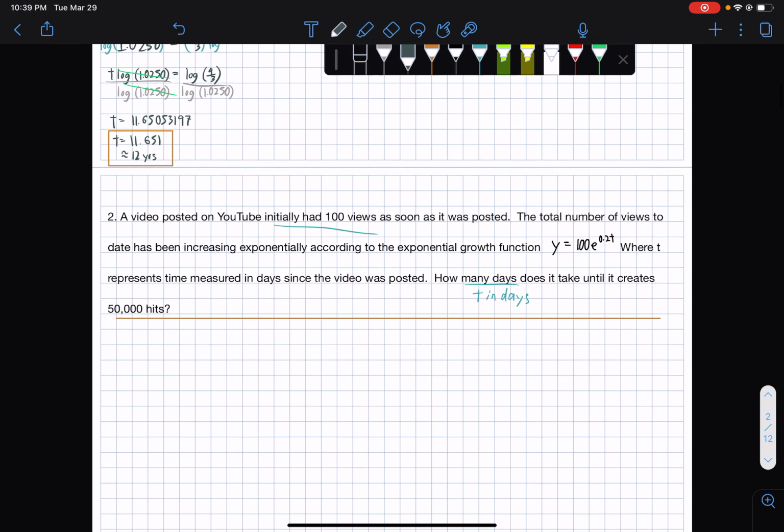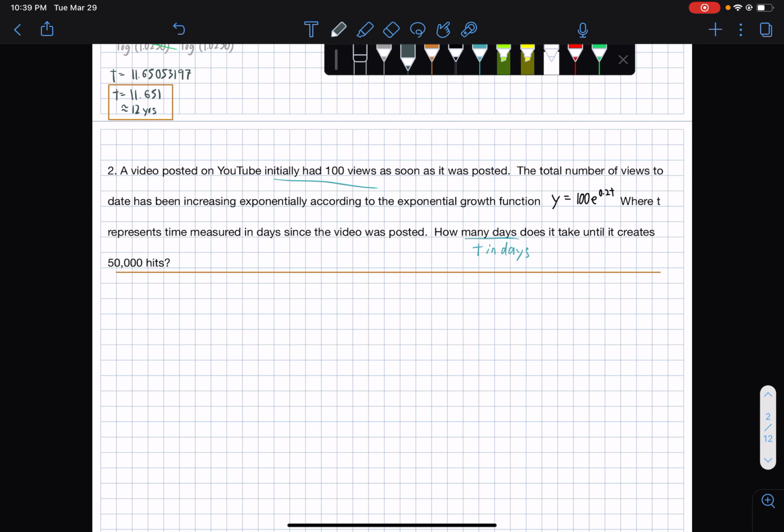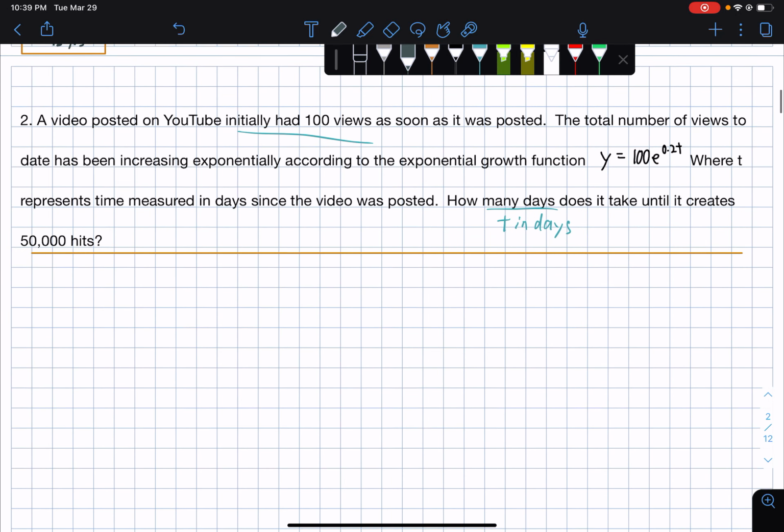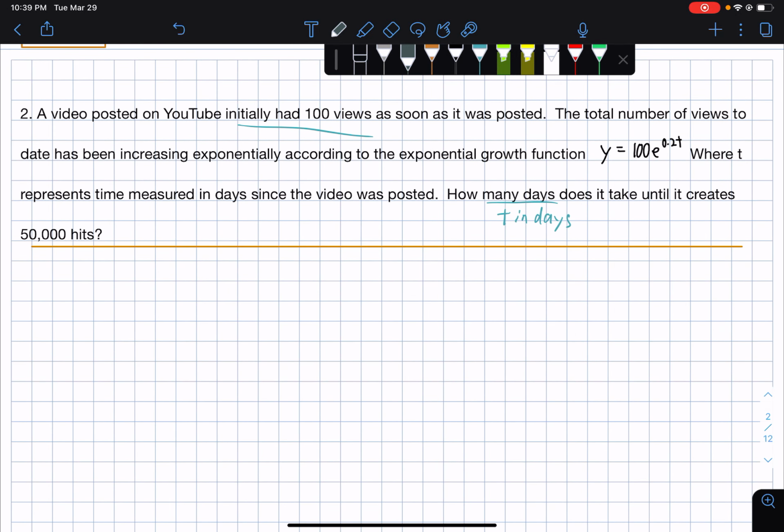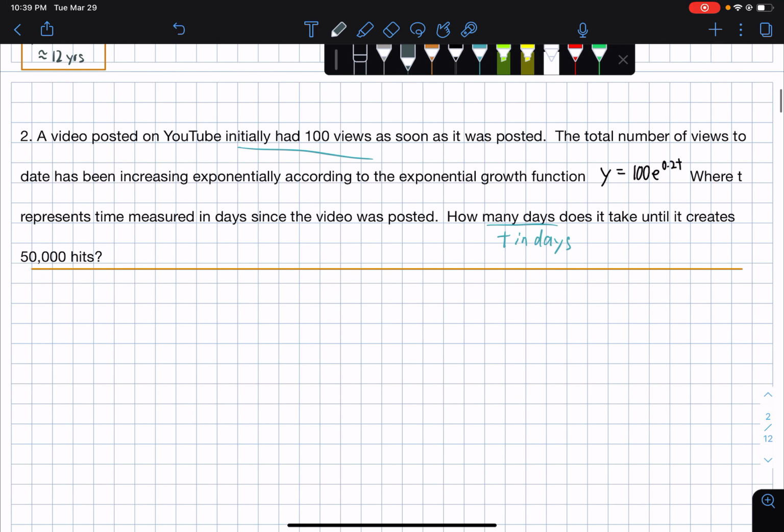Alright, let's move on to number 2. A video posted on YouTube initially had 100 views as soon as it was posted. The total number of views to date has been increasing exponentially. So I think it suggests exponential growth. According to the exponential growth function, it's pretty obvious already. y is equal to 100 e raised to 0.2t.